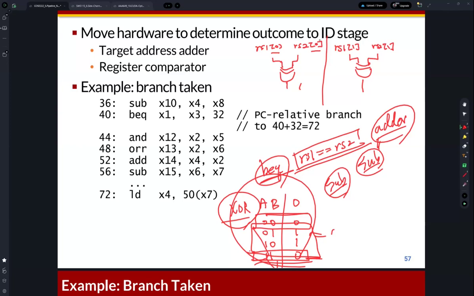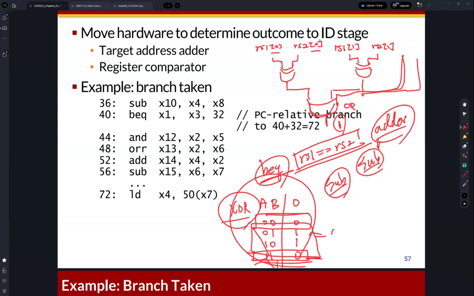So using a large OR gate, since there are many more bits here, we can detect that if the two values are different, it becomes 1. Okay.